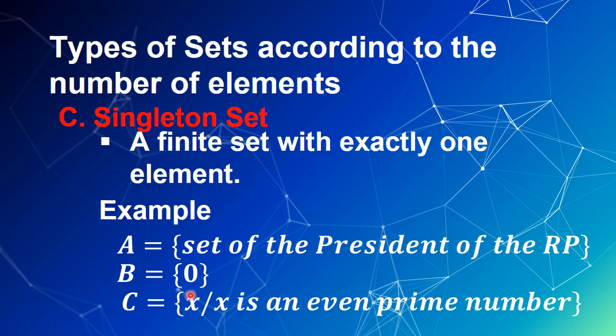Even number is divisible by 2, and prime is a number wherein the factors are the given number and 1. So therefore that is 2. Therefore, C is also a singleton set or a unit set because the even prime number is 2 and there is no other element in this given set builder notation.